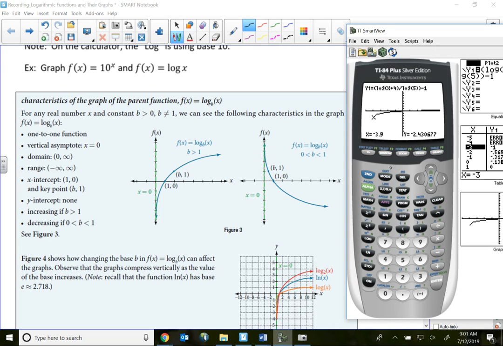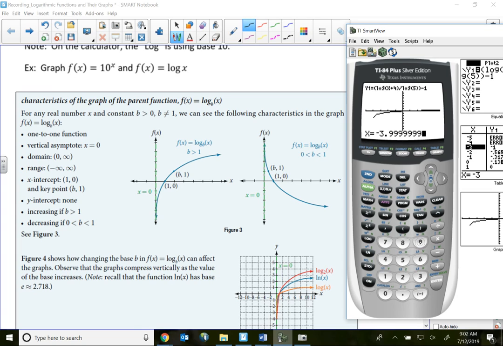I believe that's true because if I go to calc value and say negative 3.99, I still have some sort of y value. And with negative 3.9999, I still have a y value.